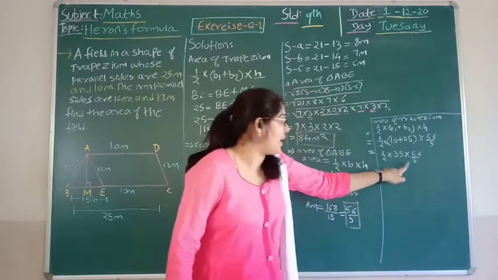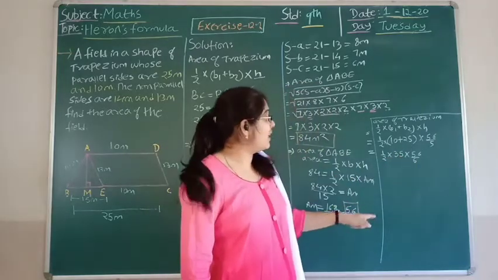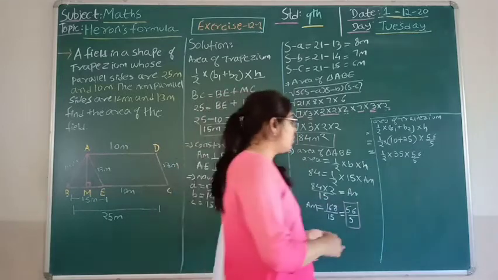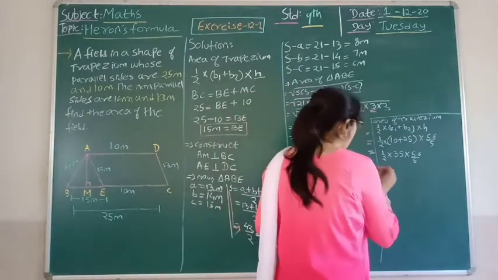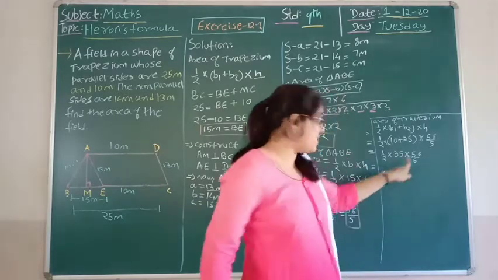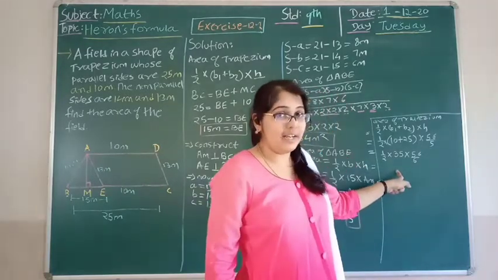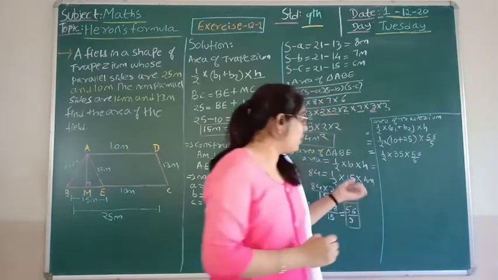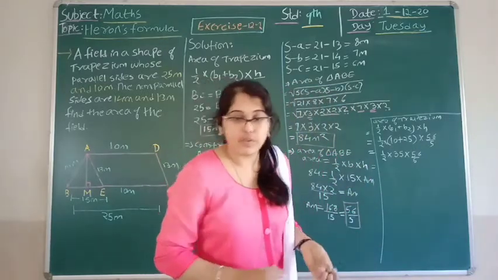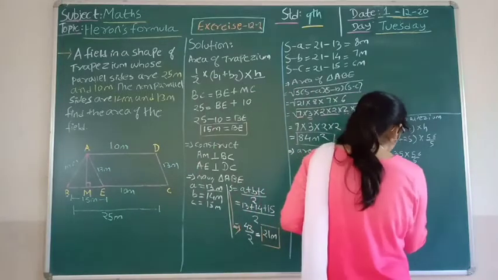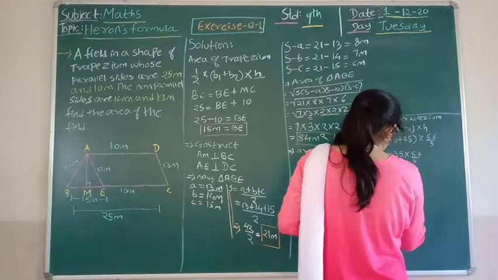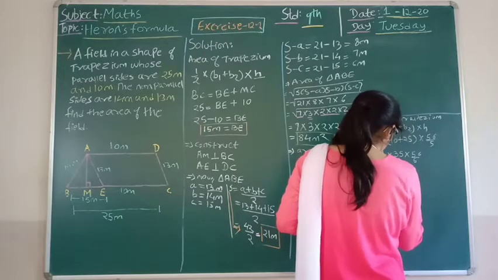At the same time, 56 can be divided by 2. So if I divide 56 by 2, I will get 28. Right?